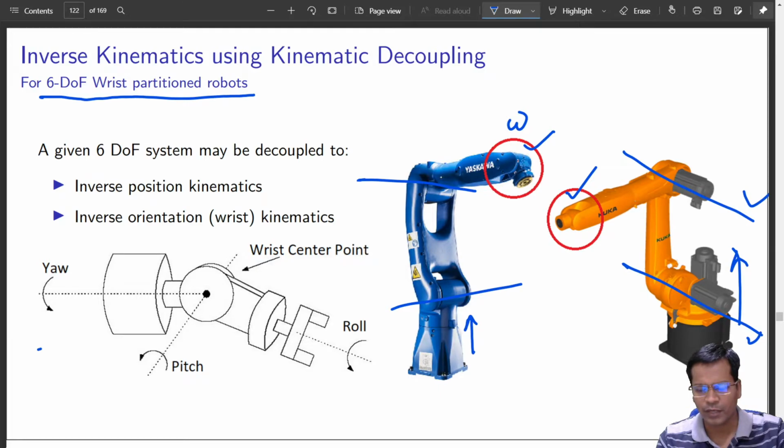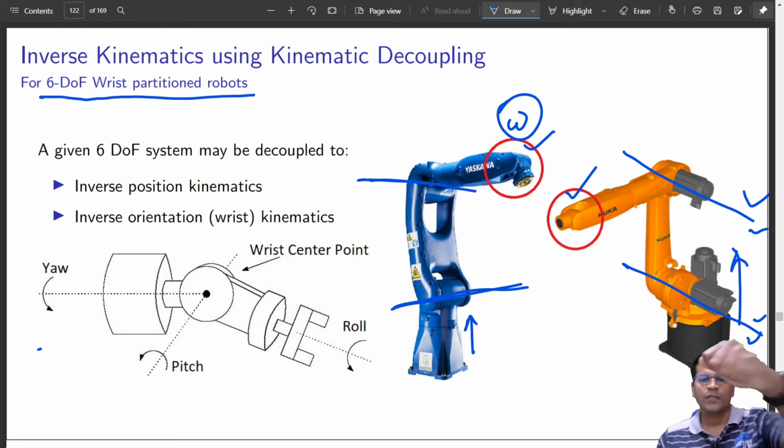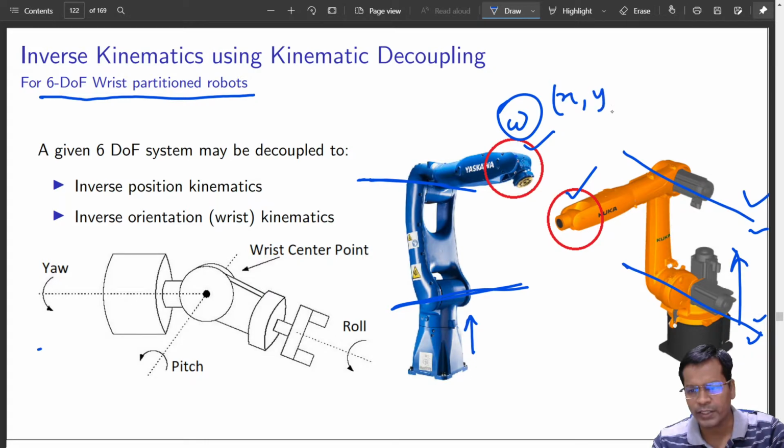Over here also, graphically it doesn't appear so, but actually they are parallel, this one and this one. So effectively this wrist center point can go anywhere in space, in its own workspace, provided the link structure allows it. It can go to any x, y and z location. Wrist center can go to any x, y, z location.